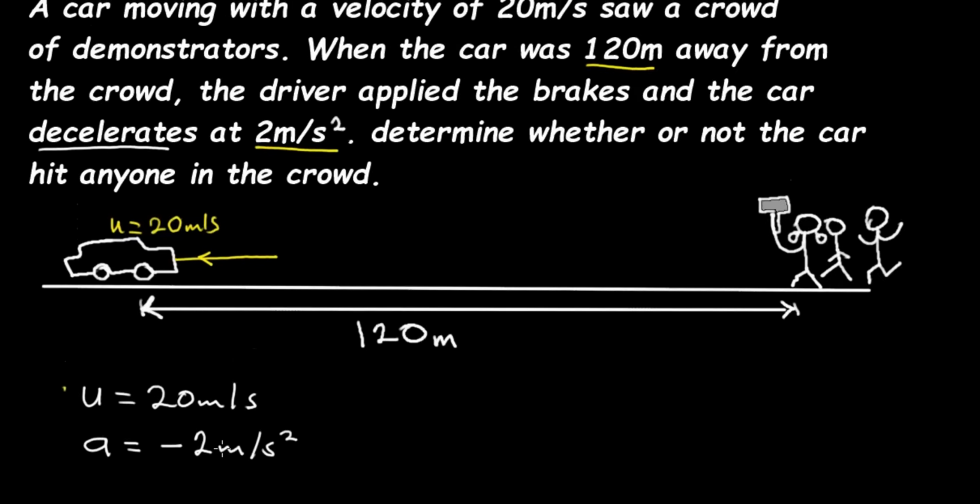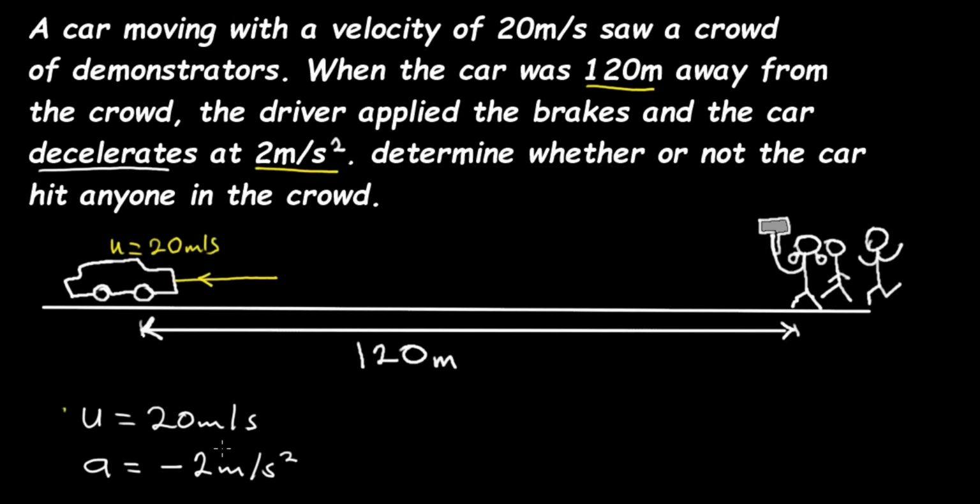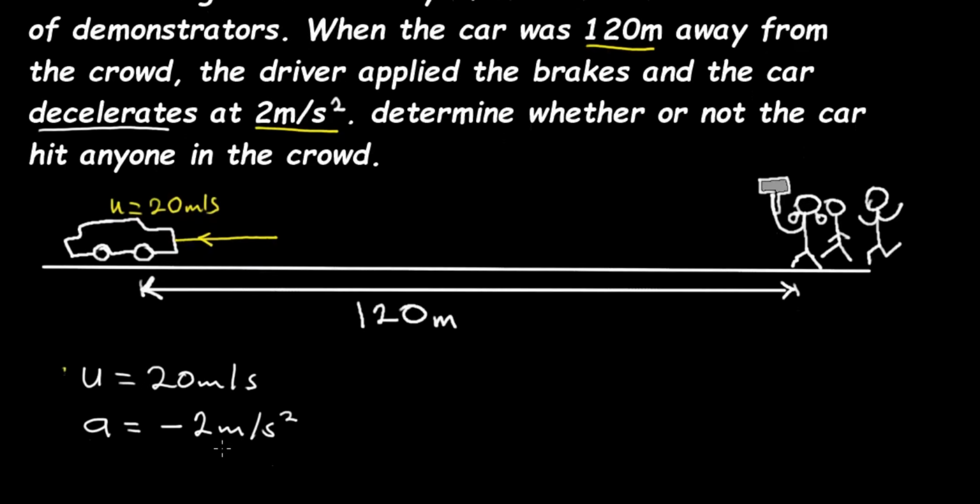Then, as I said in one of my videos, sometimes some information will be embedded in some phrases or will be hidden until you use the understanding and the concept to get it out. Now, these are the information we have. What other information can you get out of this? Before we will know whether the car has hit anyone, the car might have come to a stop before we can make that determination.